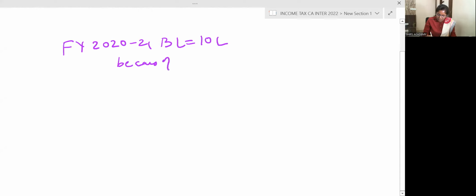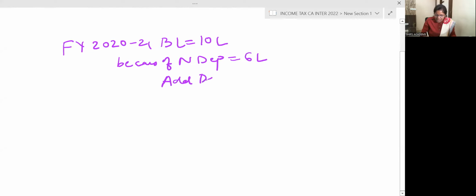Yeah, here we go. Look at this. Financial year 2021, last year, there was a business loss of 10 lakhs because of normal depreciation of 6 lakhs. Same example, but I am explaining it logically.